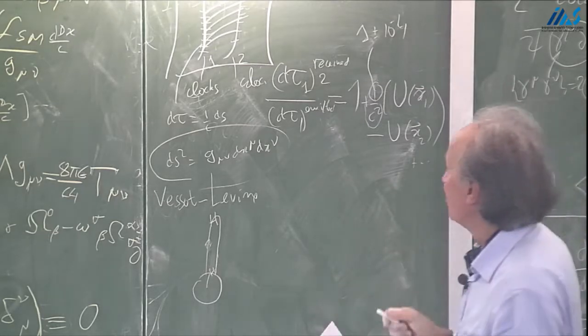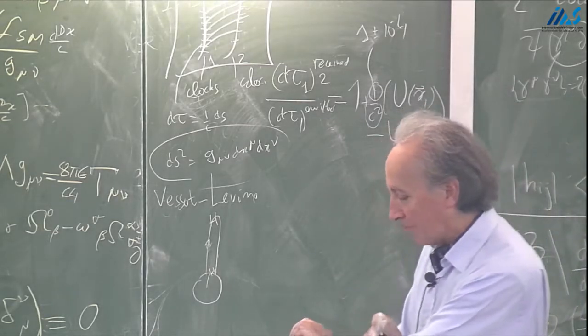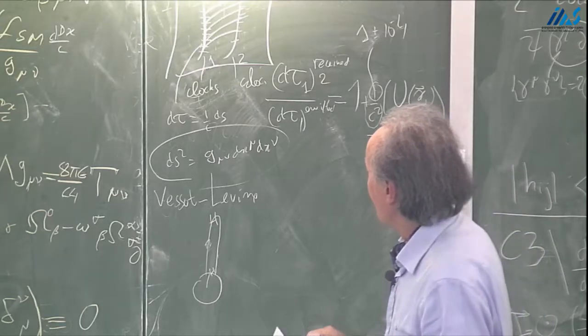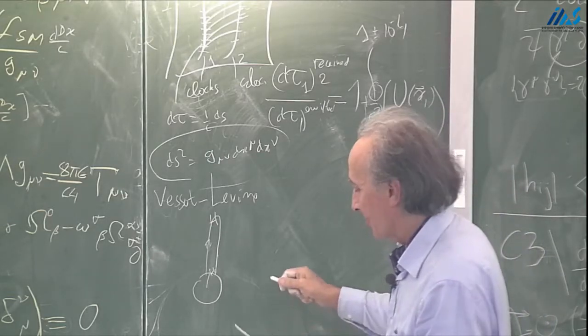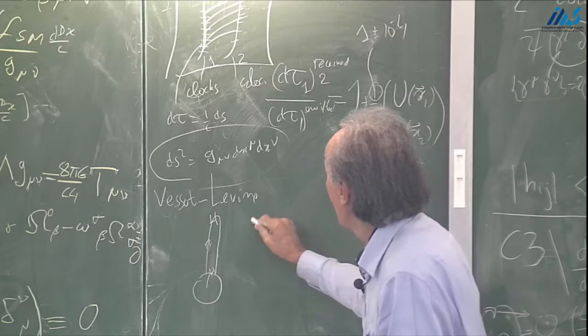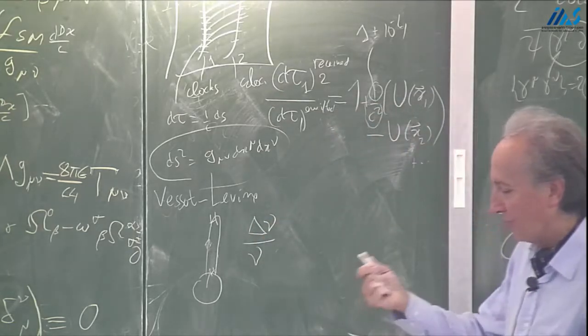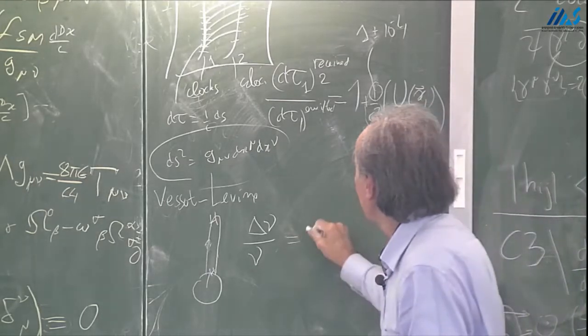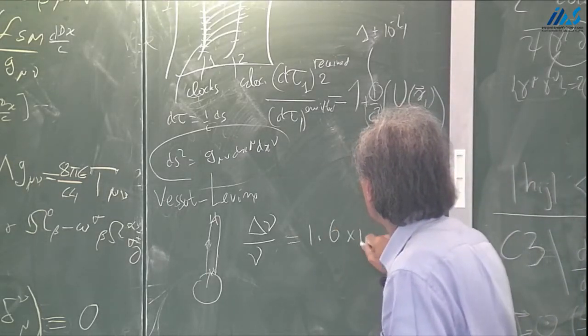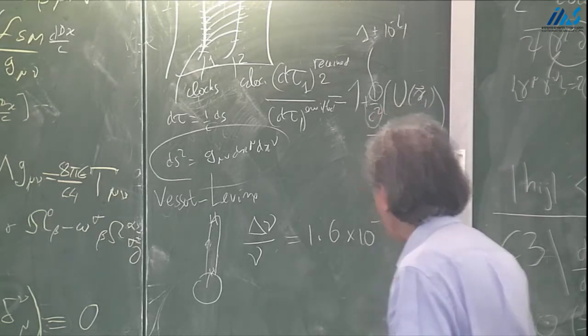I just want to mention that recently people have succeeded in the laboratory in having ultra-stable clocks which have a frequency stability, delta nu over nu, equal to 1.6 times 10 to the minus 18.